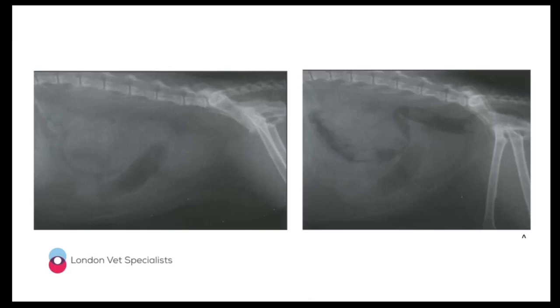And that's what was done in this cat. So we've picked up on this single dilated loop of bowel. We've just questioned, well, is this definitely small bowel, or could that be large bowel? And then we've injected some gas into the rectum and colon, and that's now highlighted beautifully.